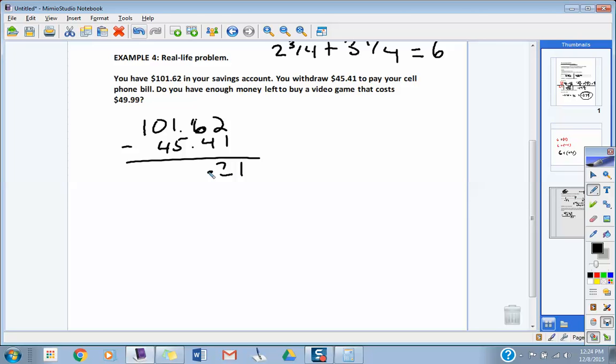Let's see. Can I take 1 and subtract 5 from it? So borrow from 10. Turn 10 into a what? You have $56.21. Okay, what's 11 minus 5? 6, wouldn't it? And then 9 minus 4 was how much again? 5. So how much money do we have remaining after we pay the phone bill? $56.21. So do we have enough to buy the game? Oh, yeah, you have enough money to buy the game.